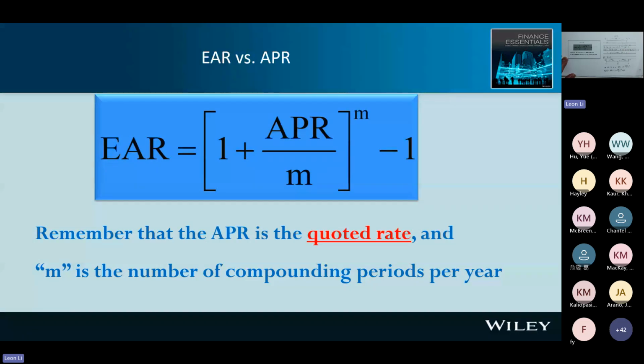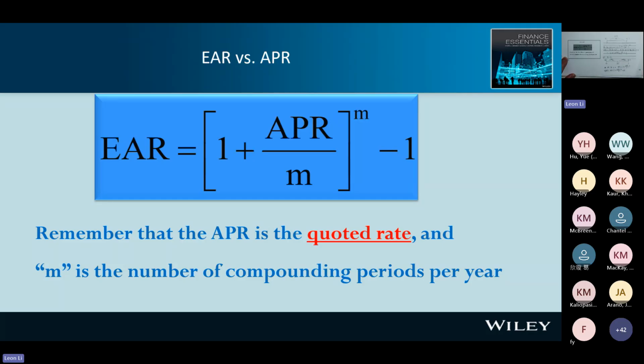M could be any number, right? Monthly, 12. Daily, 365. So the idea is the money at year 1 is 1 plus the period rate, with the number of periods as the power. So our EAR will be the amount of money at year 1 minus the amount of money at year 0, divided by the initial investment, the amount of money at year 0. And this is the result.